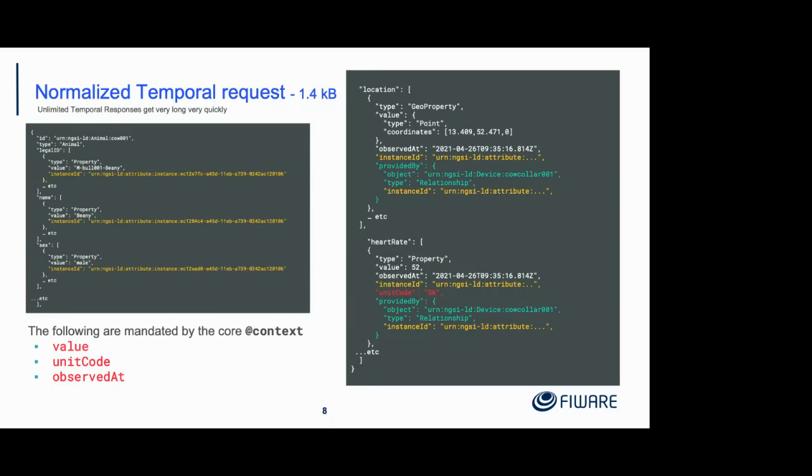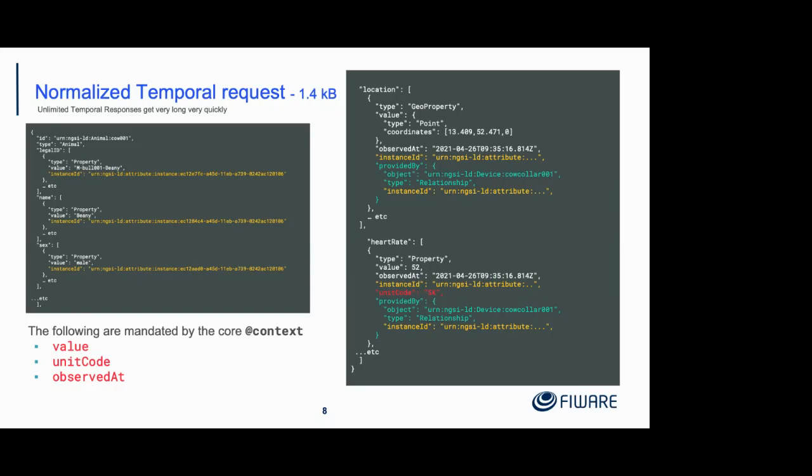I'm not sure how far advanced that is, but that's the reason for having an instance ID. But you also should get an instance ID for properties of properties or relationships of properties. So, for example, if you look at the heart rate, you can see that the heart rate has been provided by this cow collar, but it could be possible to delete or amend that particular element if necessary.